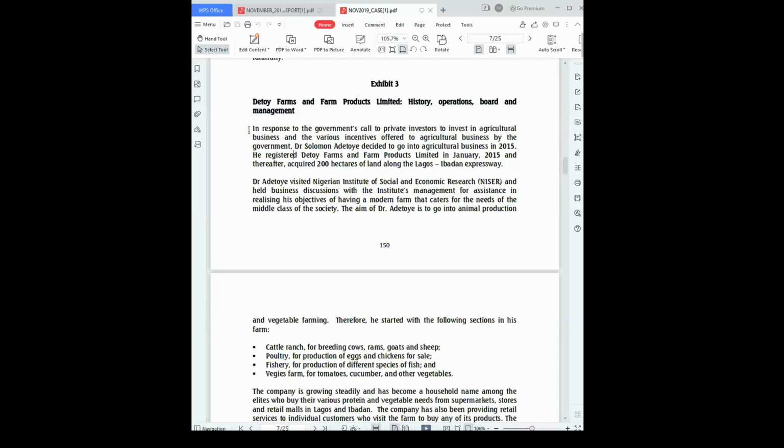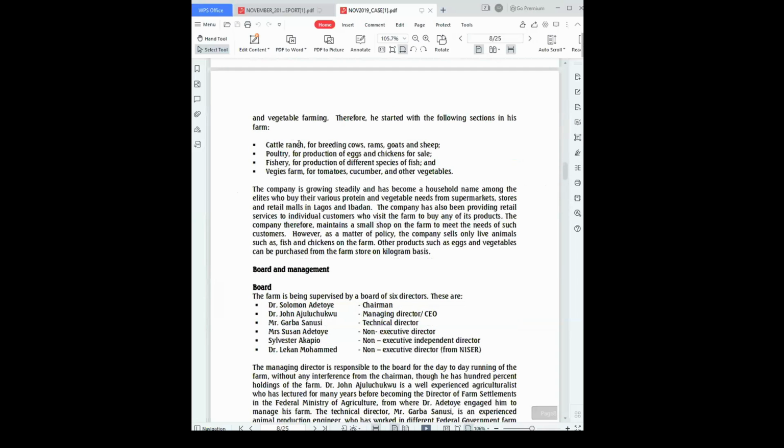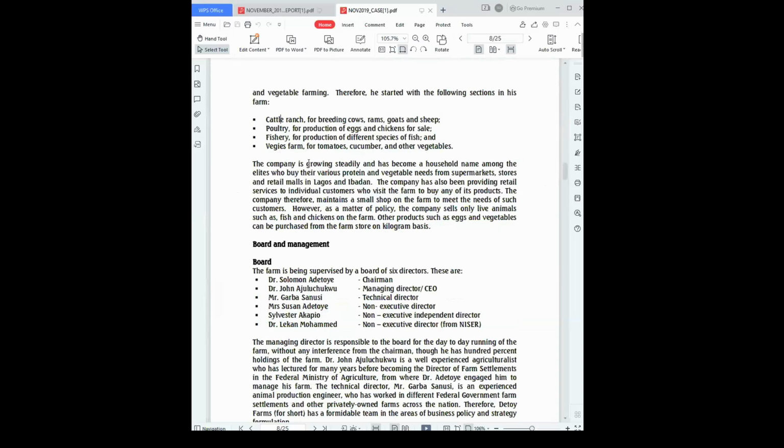They talk about how the business started, the year it started, and who started it. They mention the products the client is into already: cattle ranch, poultry farming, fishery, and veggies. Of course, there is no cassava at the moment, no rice farming at the moment.